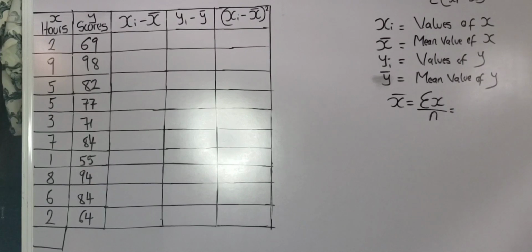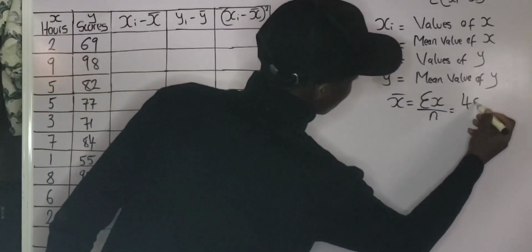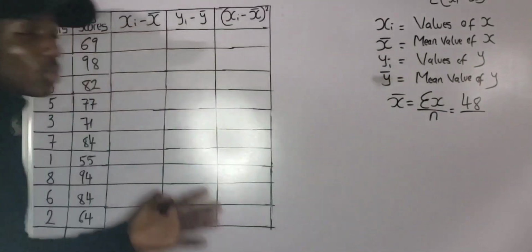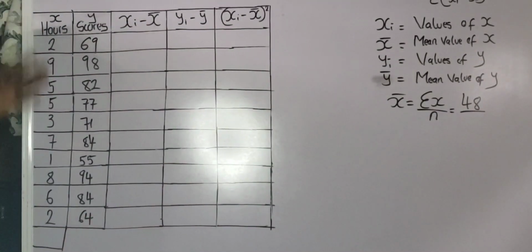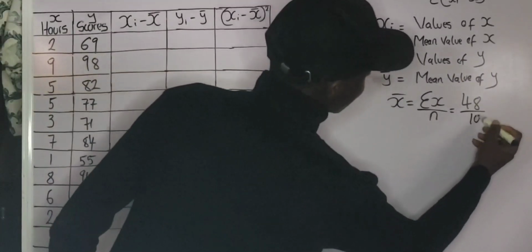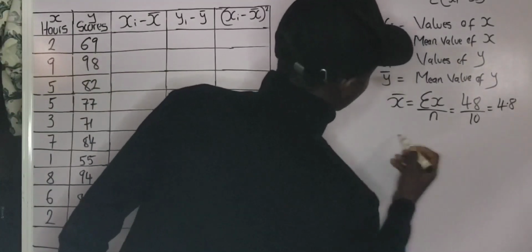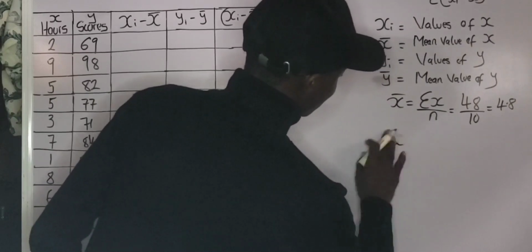So the summation of x is 48. So I'm going to have 48 all over n. N is the total number of observations, that is the total number of x, which is 1, 2, 3, 4, 5, 6, 7, 8, 9, 10. So 48 all over 10 is 4.8.